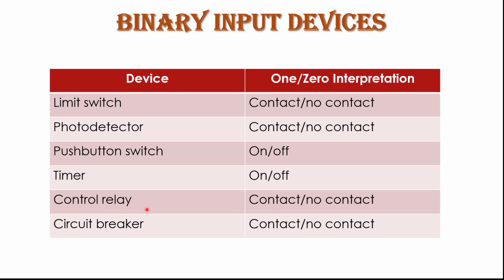Next, control relay: 1 means contact, 0 means no contact. Next, circuit breaker: 1 means the circuit breaker makes contact, 0 means no contact. In this way we interpret 0 or 1.